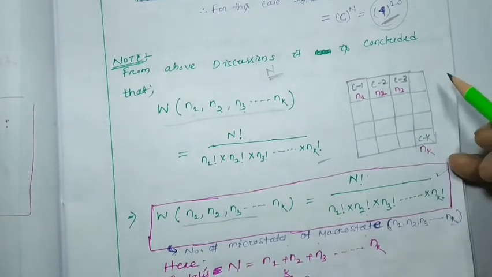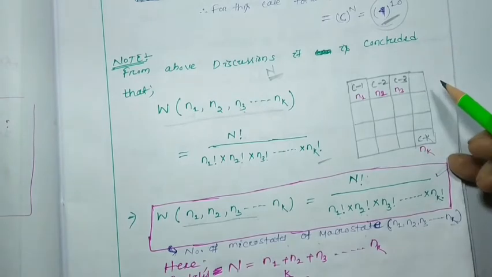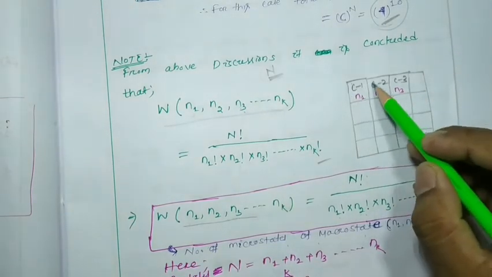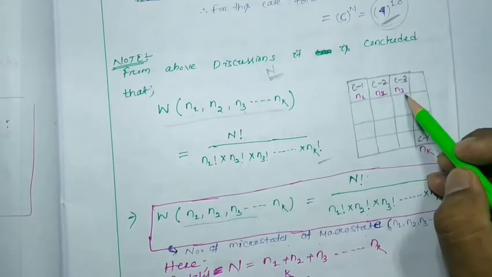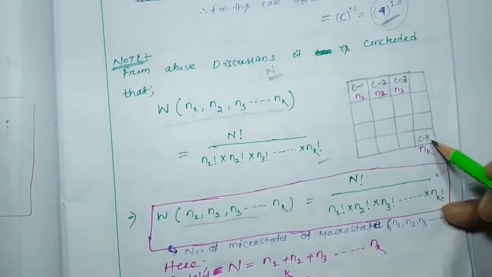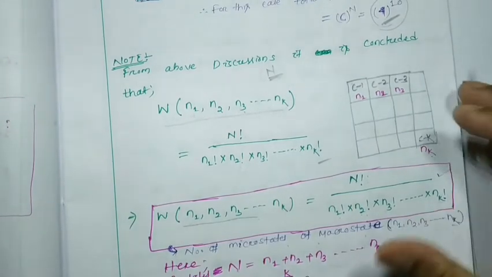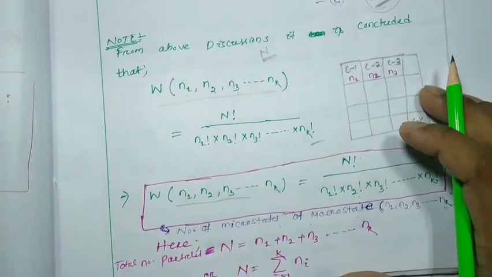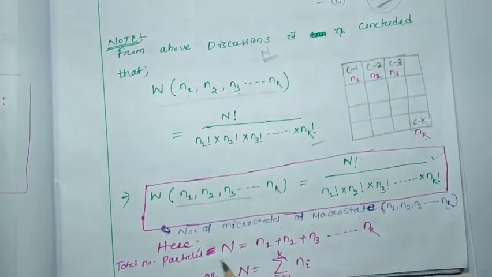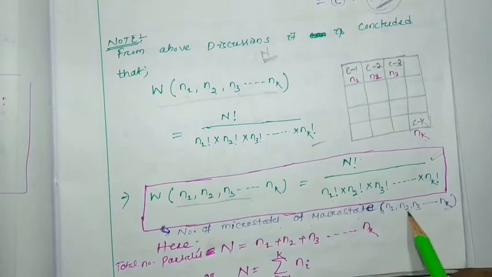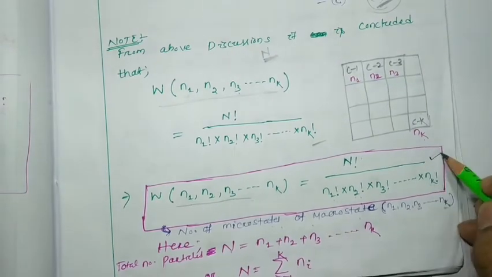Suppose we consider a particular arrangement: compartment 1 has n1, compartment 2 has n2, compartment 3 has n3, and compartment k has nk number of particles. What will be the thermodynamic probability, or the so-called number of microstates of the macrostate n1, n2, n3, nk? It is this one.